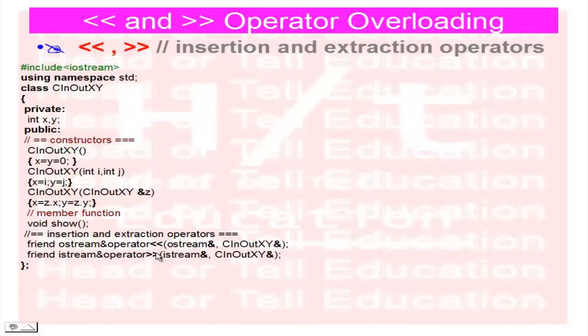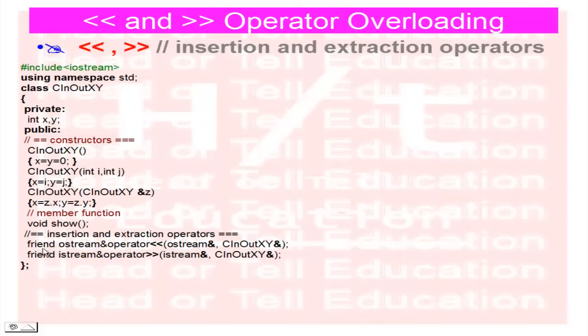And this time I have created the insertion and extraction operators, passing two arguments. One argument is a reference to the ostream class, and the second argument is a reference to my class CinOutXY, and the function is created as a friend function.